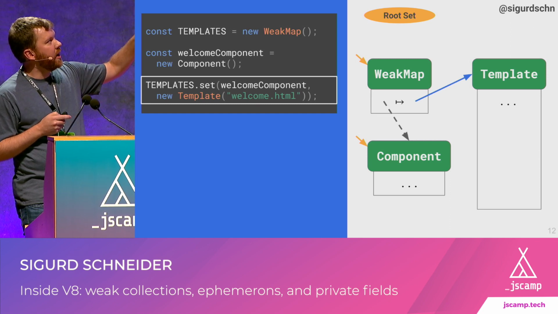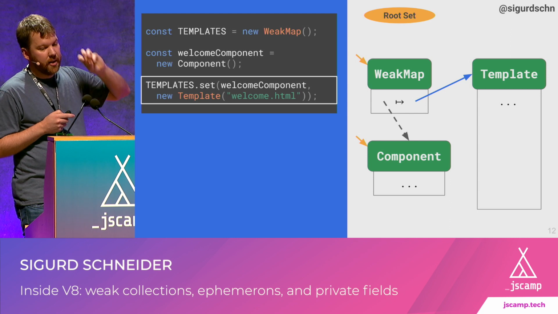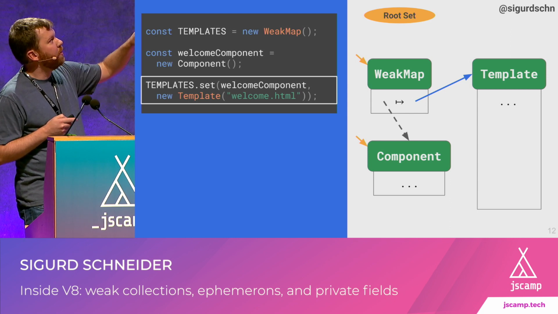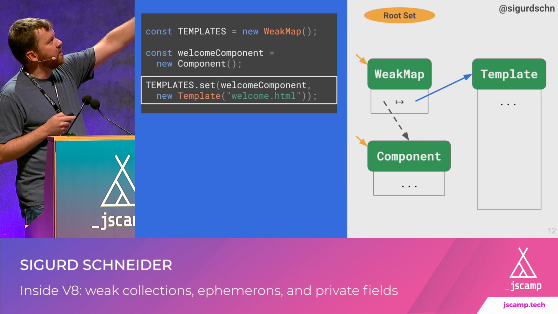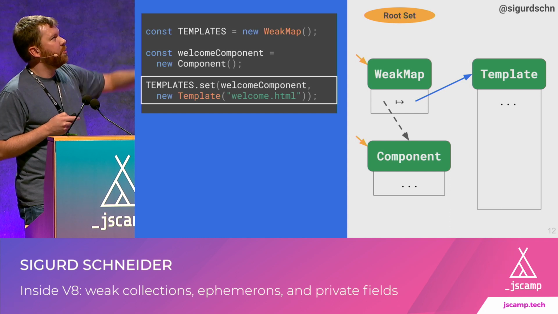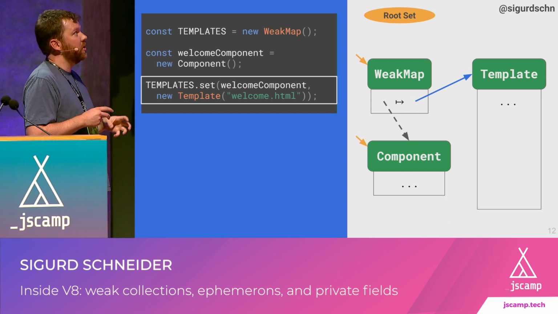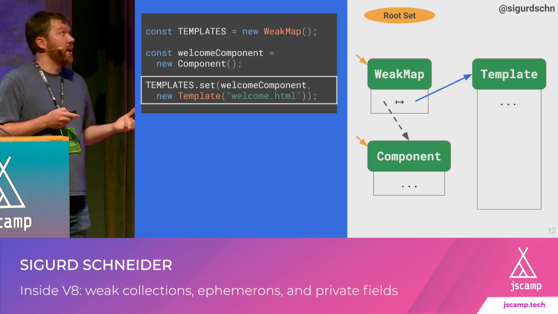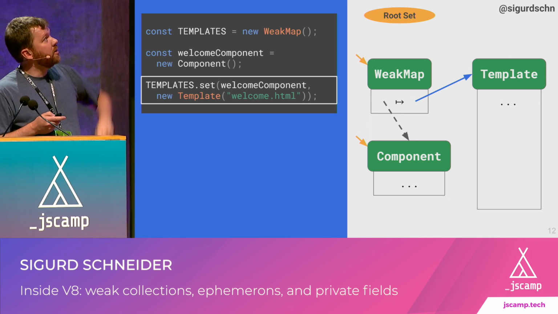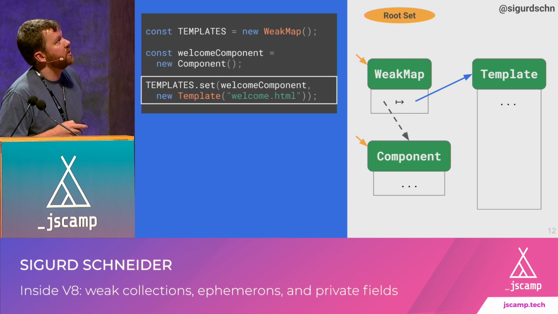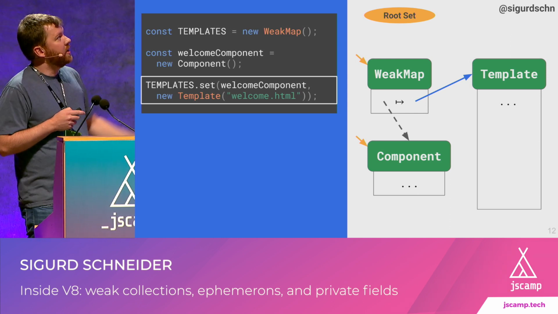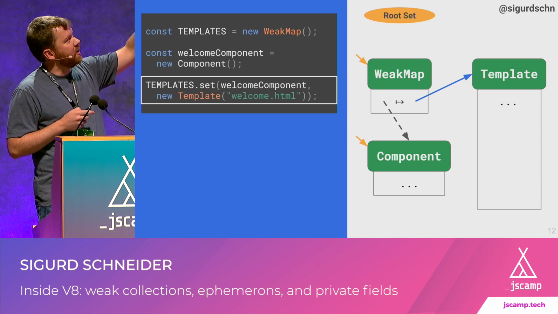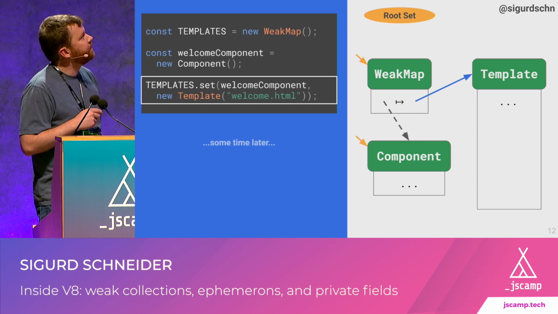There is a dashed line which shows us that the link from weak map to the component is weak. That means weak map references the component, but from the point of view of the garbage collector, it's not keeping the component alive. And the other arrow is blue because it also has a special function. It only keeps the template alive as long as the key is alive.